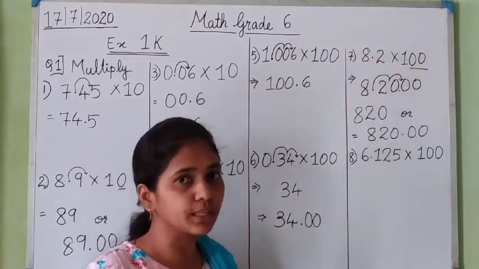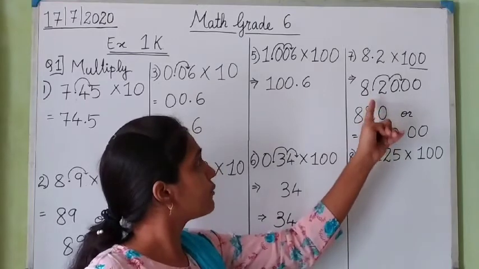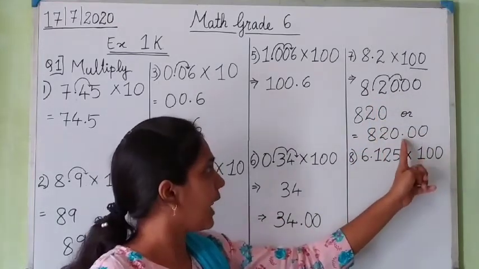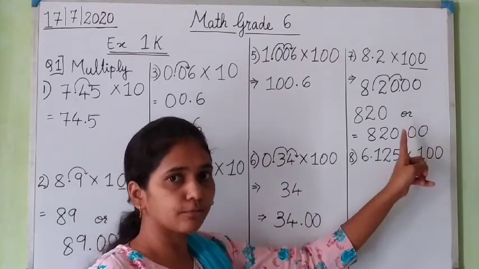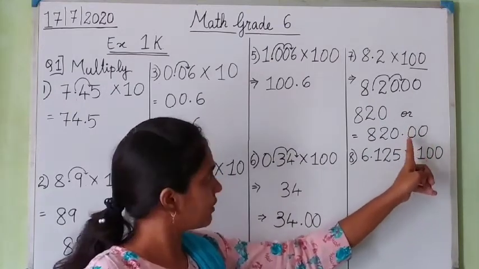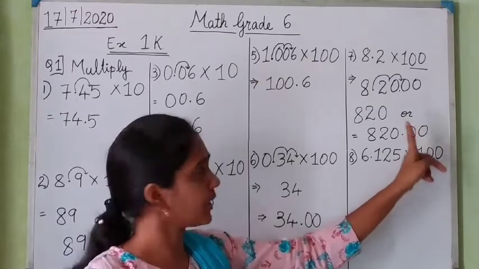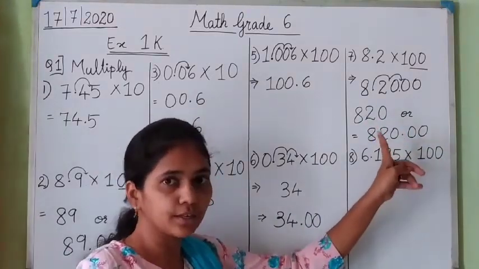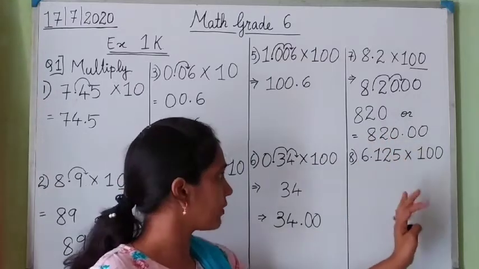It remains as it is. So after putting the decimal point, we got 820.00. And if there is 00 after the decimal point, it is okay if we do not put it. So we can write it as 820 only, or as 820.00, whatever you want.